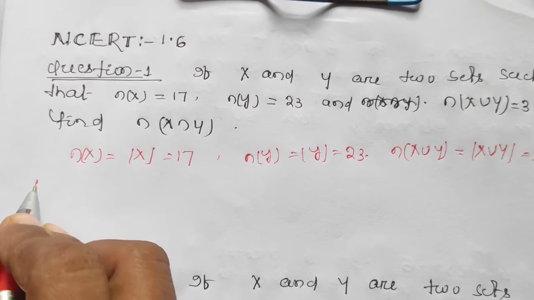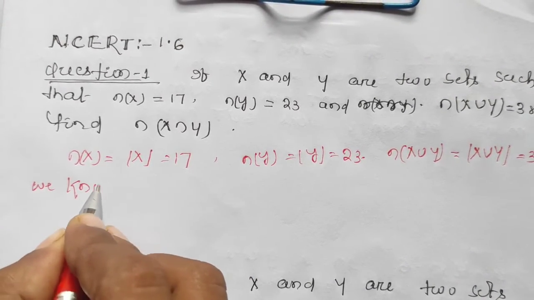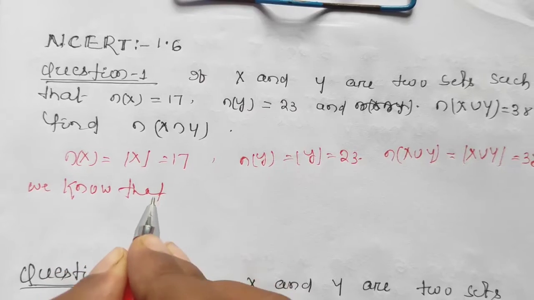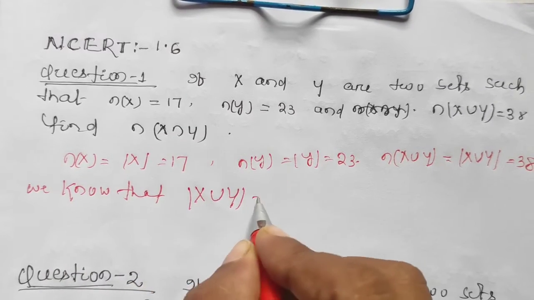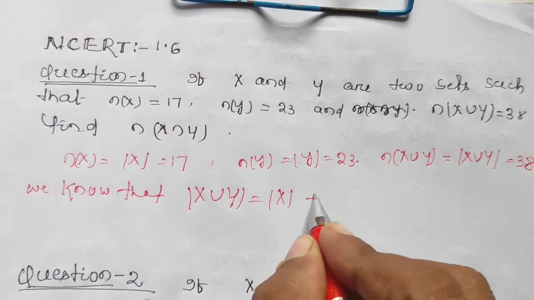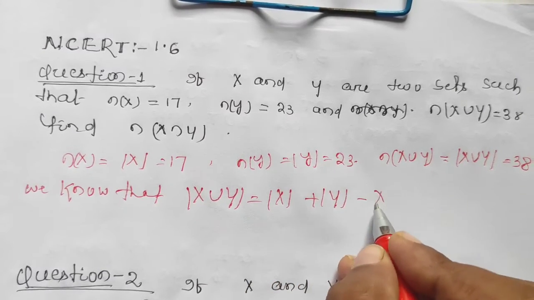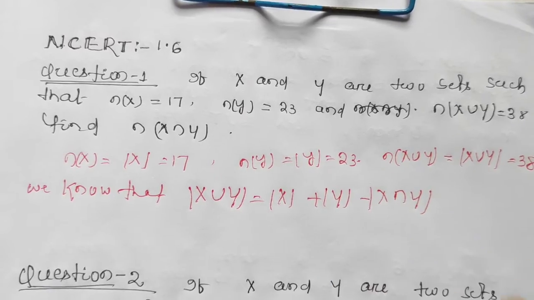This we know that x union y mod is equal to x mod plus y mod minus x intersection y mod.